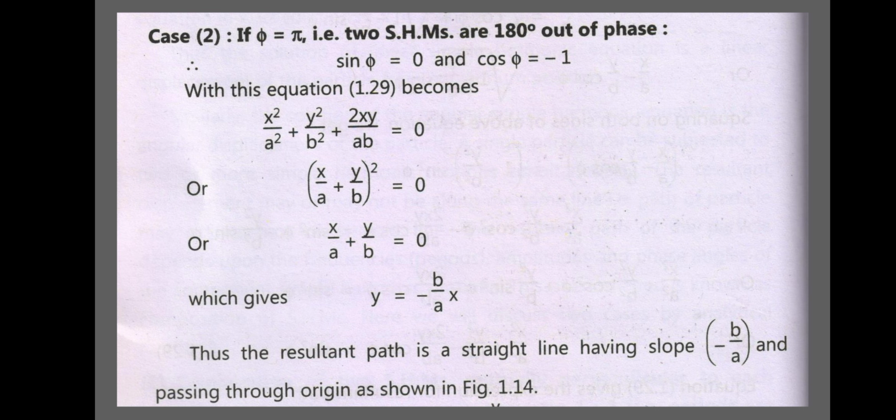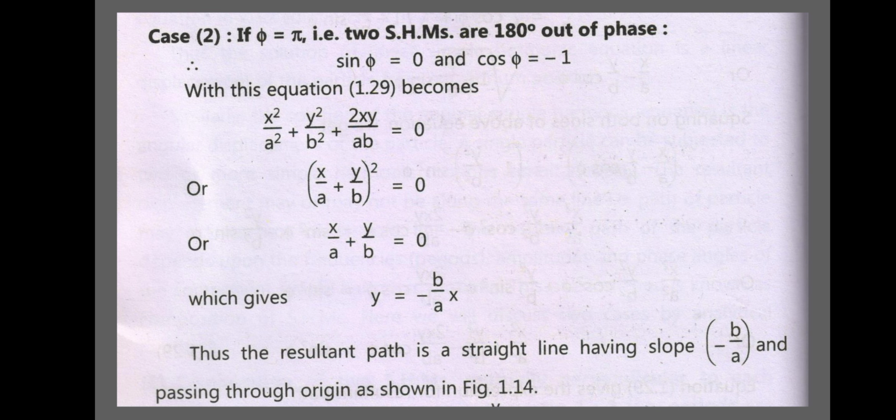Now second case, if φ = π, that means two SHMs are out of phase. That means sin π = 0 and cos π = −1. With these values in the resultant equation, we get x²/a² + y²/b² + 2xy/ab = 0, or (x/a + y/b)² = 0, or x/a + y/b = 0.